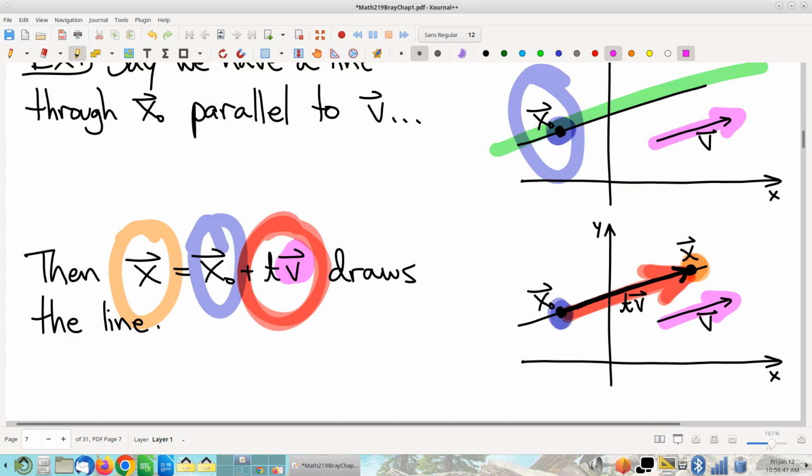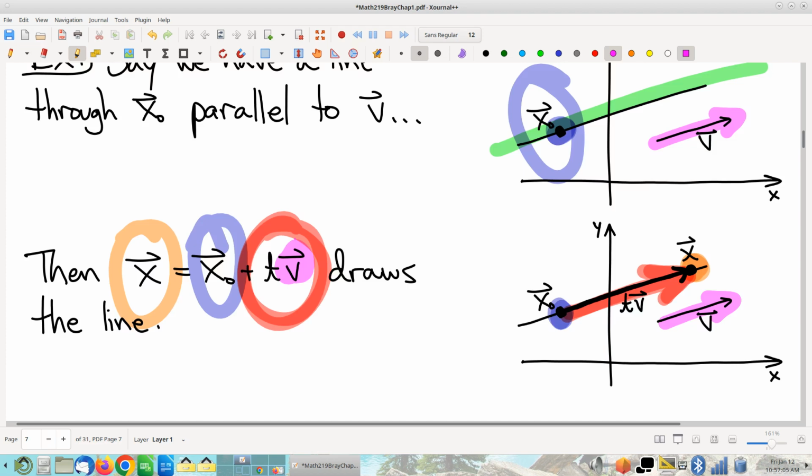Right, and then let's think about what happens if I write this expression down, x naught plus tv. Well, we start off with t equals 0. X naught plus 0 is here. As t grows, t times v always points in the v direction and gets longer and longer, farther and farther in that direction.